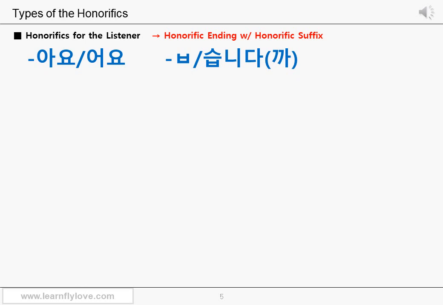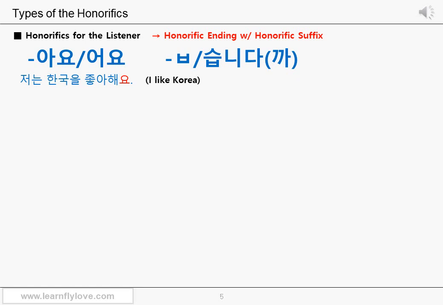So when the listener and audience hear this 요 or 니다, 니까 sound, they can know that you are trying to sound polite to them. For example, when you want to say I like Korea to someone who deserves honorifics, you can say 저는 한국을 좋아해요. And it sounds polite enough to the listener or audience, right?